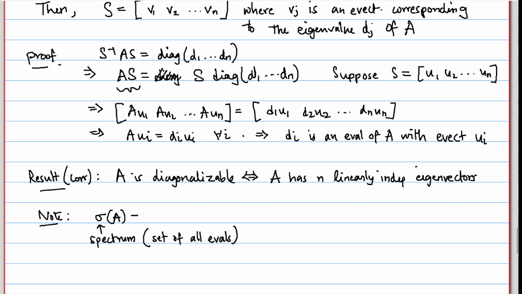The spectrum of A is the same as the spectrum of the diagonal matrix, that is, the set of T1, T2, up to Tn.